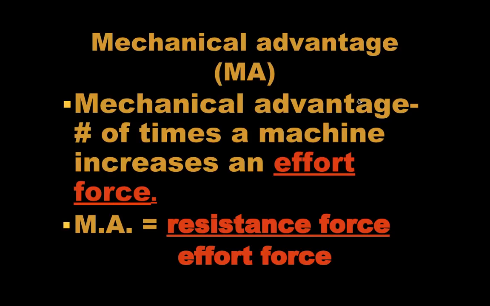The MA is the number of times a machine increases an effort force. The formula, or equation, for finding that is: mechanical advantage equals the resistance force divided by the effort force. This is a more generic equation that you're going to use to find the MA. You're also going to have more specific MAs for each of the simple machines we're going to talk about later.